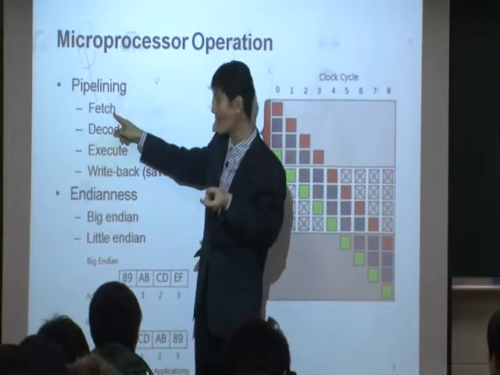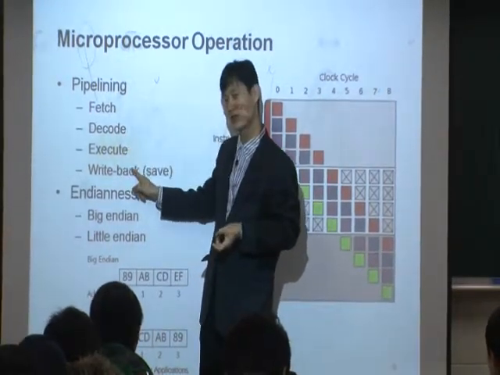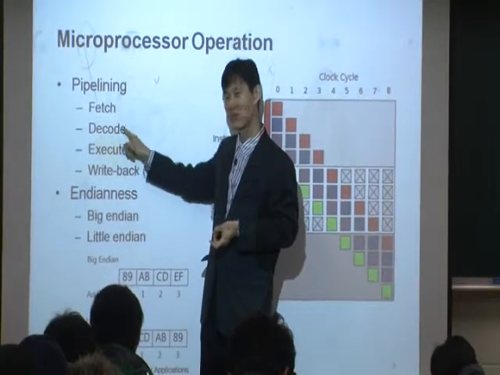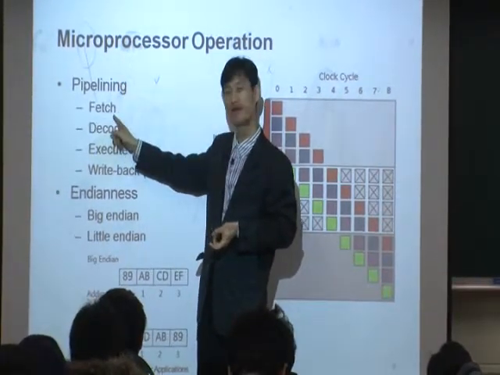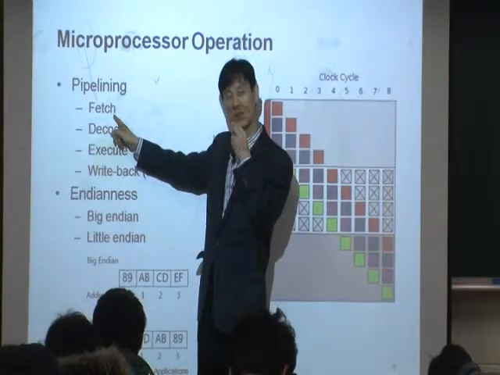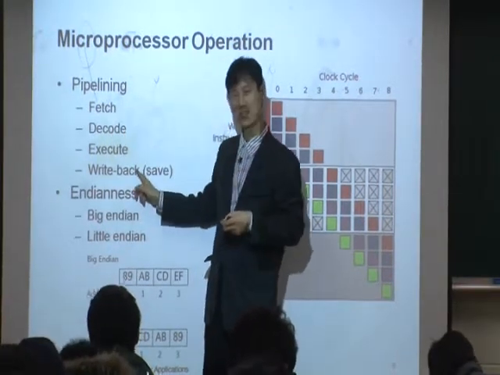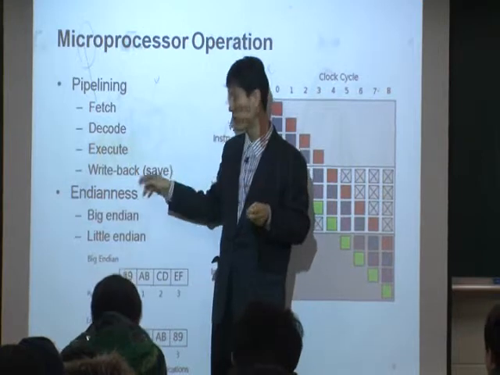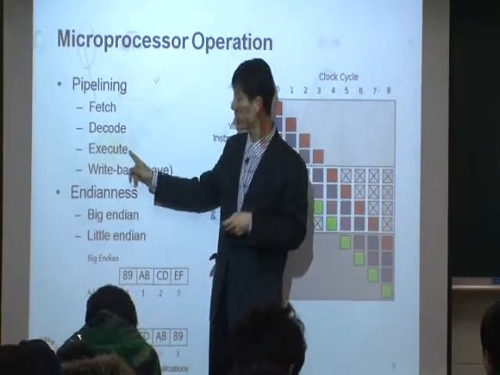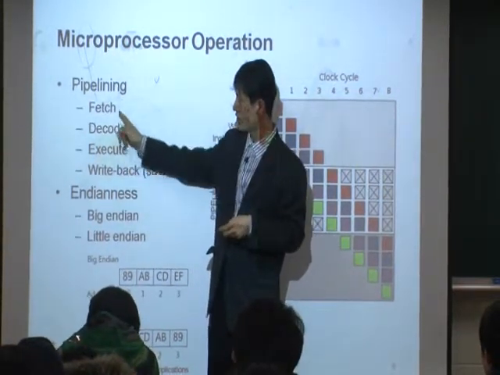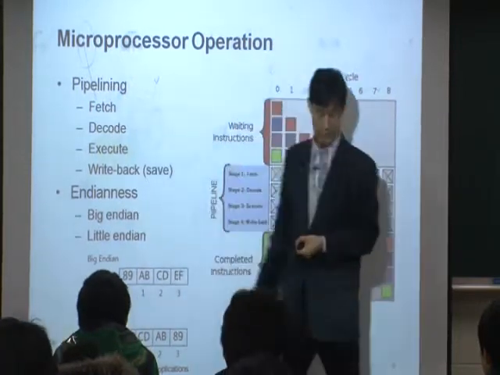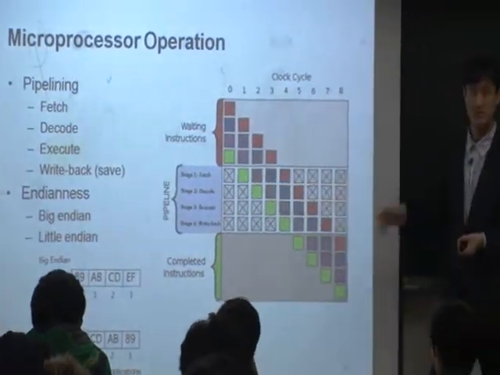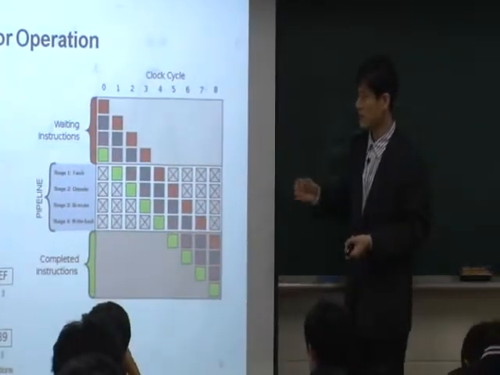On the next cycle, first instruction go to this one, second instruction go here, third instruction go to decode. Now the fourth instruction go to fetch. Okay? One more cycle later, first instruction, it's all done. So it's out. And second instruction go here, third one goes here, fourth one goes here, now fifth instruction goes into here. Okay? That's what you see in this picture.